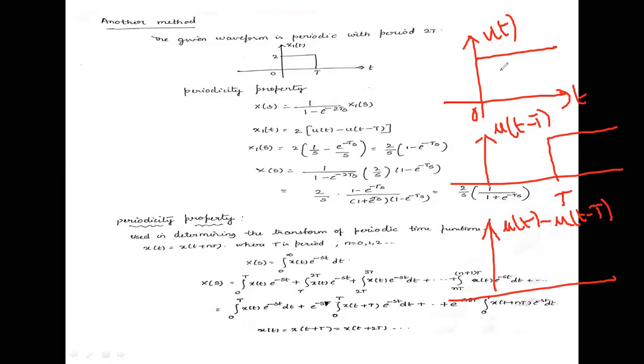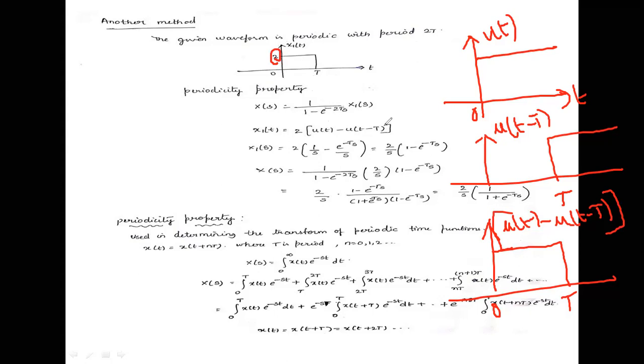So from 0 to t, here the 1 and here a 0, so 1 up to the t. And from t onwards, here 1 and here 1, so 1 minus 1 is a 0. So mu of t minus t is multiplied with, because it is a periodic function, 1 by 1 minus e power minus 2t. Why is it a 2 here? Magnitude is a 2 here. Okay. What is the mu of t Laplace transformation? 1 by s.